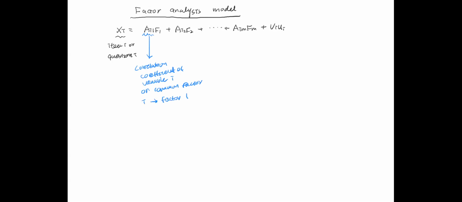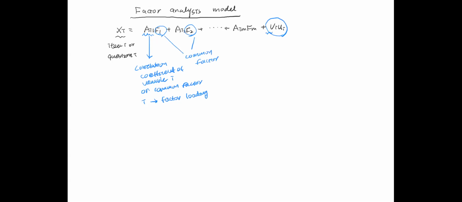So please recall that we have this table in the slide, right? Factor loading matrix. And we saw the factor loading values in the table. So this Ai1 is also known as factor loading. And this F1, F2, this is known as common factor. And this term works like the error term in the regression model.